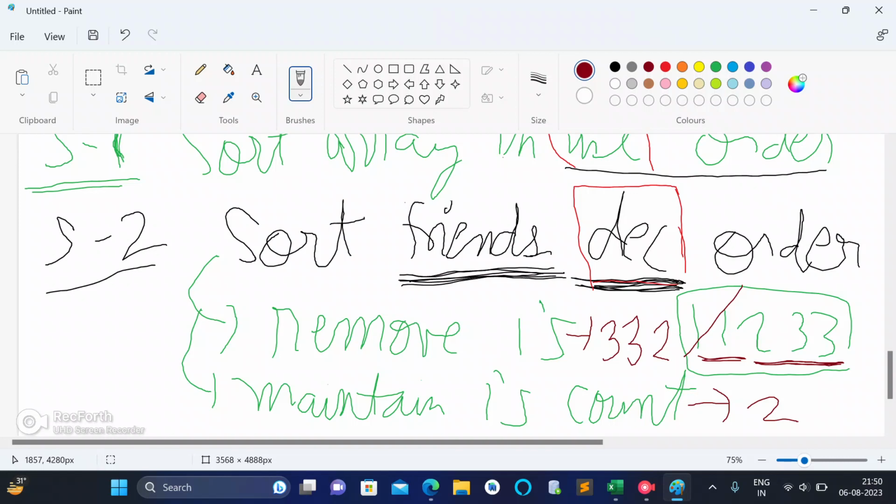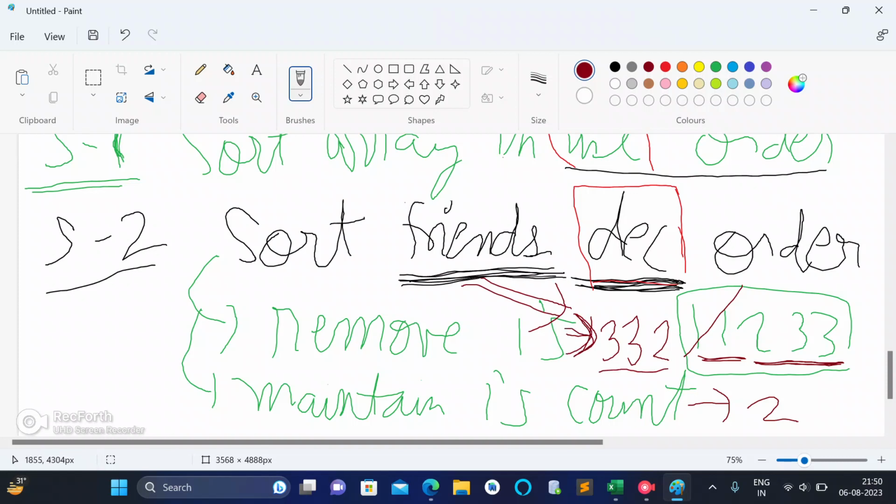So now you actually have 3 things. The first thing present is the numbers array in increasing order. Second, you have maintained the ones count from the friends array; you can see here the ones count is 2. And the third thing you have is the remaining elements, except for the ones, in an array which is sorted in decreasing order.